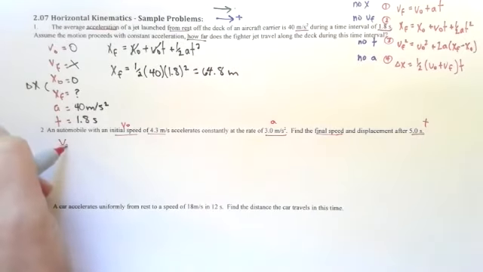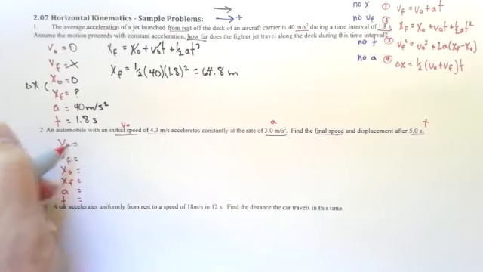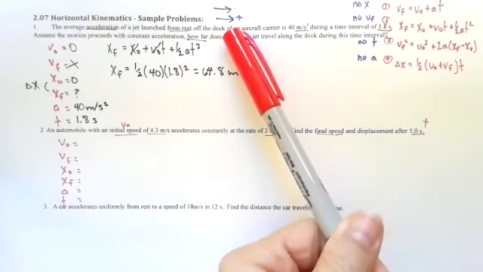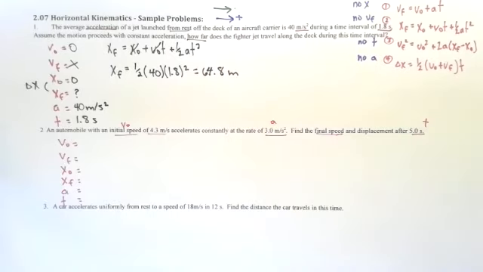So when I get my variables, I've got v sub o, v sub f, x sub o, x sub f, a, t. I'm going to assume that this is true for all of these problems, that my positive direction is going to be to the right, and my motion is going to be to the right. So let's bring down my variables.